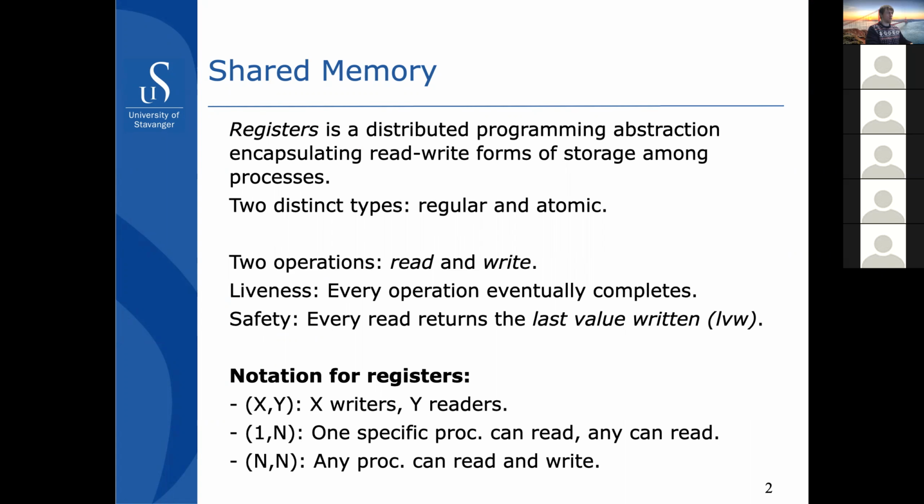And we have two types, the regular type and the atomic type. Today we will look at the regular, and on Monday we will finish off with the atomic part.